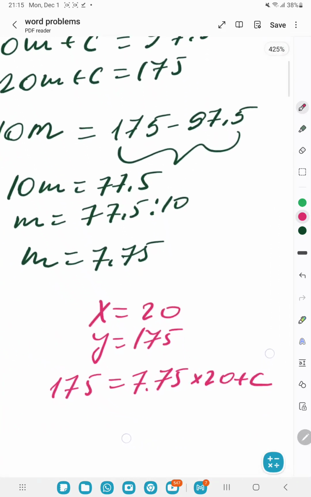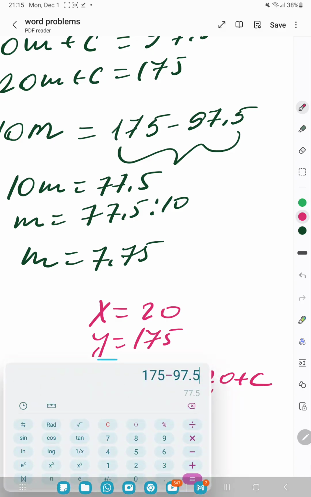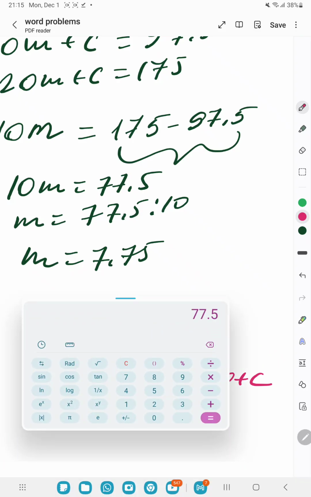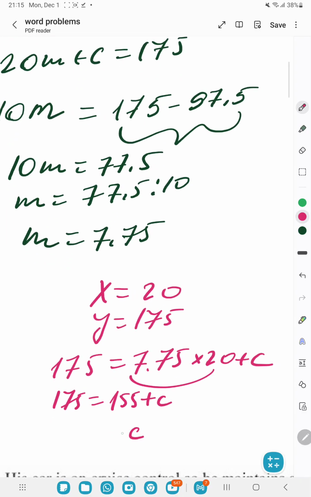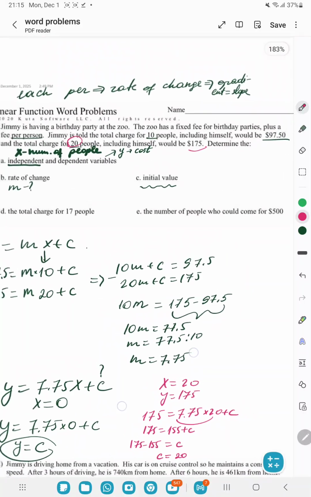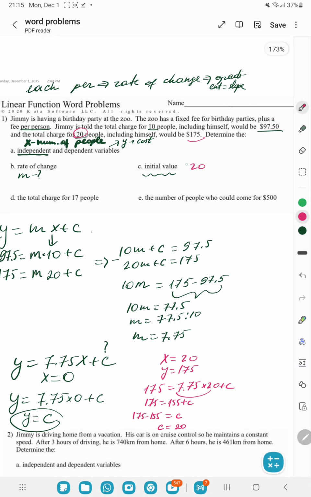Okay, so first we do the multiplication. We take 7.75, divide it by 10, and now we multiply by 20. It's 155 plus c, and to find c we just subtract 175 minus 155, so c equals 20. Okay, this is 20. What is it? It's just the initial value, $20.